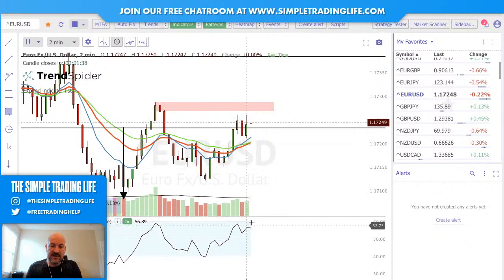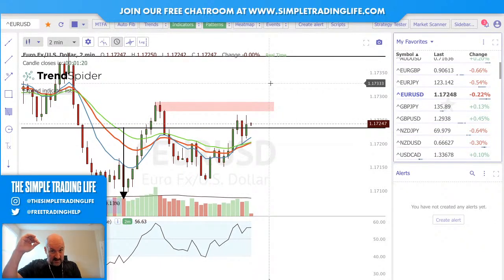If the momentum is trending up and it's above 60, we would say that it's likely that you're not going to get much of a bounce out of there, and it might even be likely that you're going to break on through the level because the momentum is so strong. We're not using this as overbought and oversold.